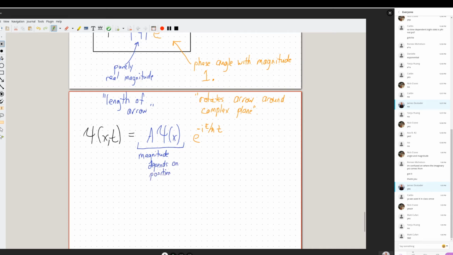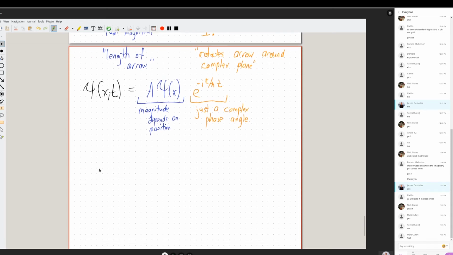Again, my notation is that position-dependent things are in blue, and this is just a complex phase angle. So, to see this, let me calculate that.